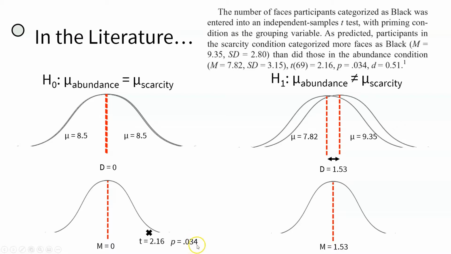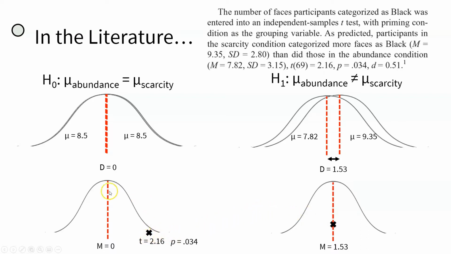More likely, this t is actually in the middle of a distribution of scores where there's a true difference in the populations. And we computed the size of that difference, and that difference falls in the middle of this distribution somewhere, like maybe a little lower, maybe a little higher. But the point is, it would fall somewhere within this alternate research hypothesis distribution. And so, in a situation like this, we would then reject the null hypothesis.